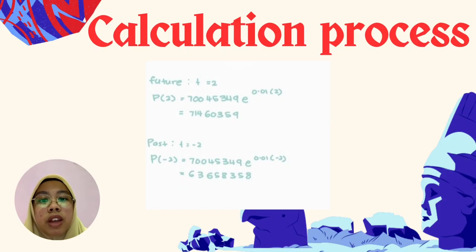For the past value, I choose t equals negative 2, and I substitute it into the same equation, and I get P equals 63,658,358. From this result, we can see that the population increases over time because the value of k is positive. This confirms that the model follows an exponential growth pattern.